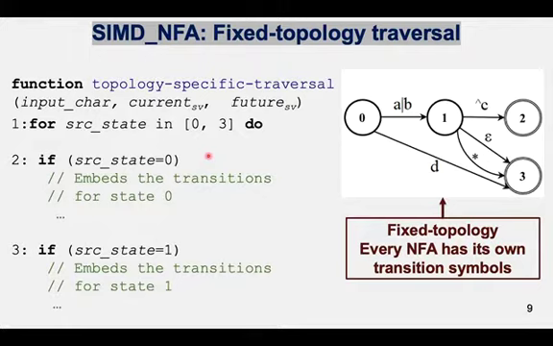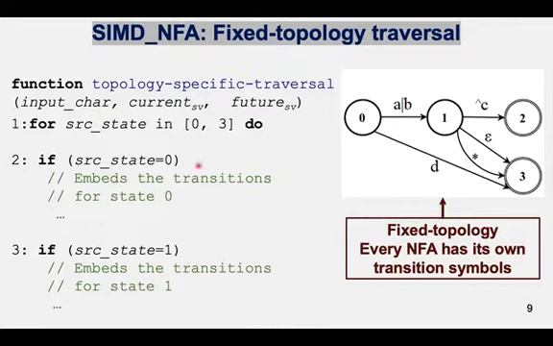Transitions are embedded in the code based on the order of the source state. First we embed the transitions starting from source state 0, then we embed the transitions starting from source state 1. You see that this is actually serial code.